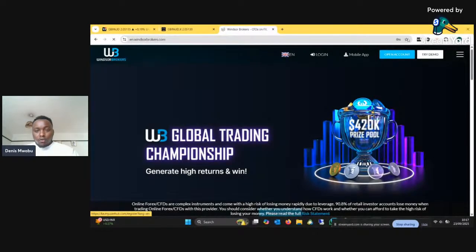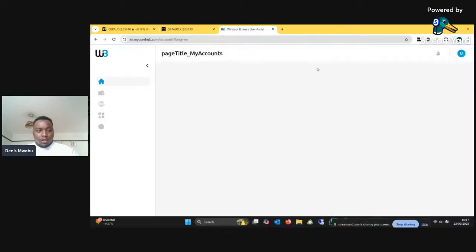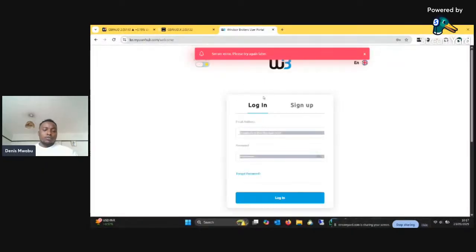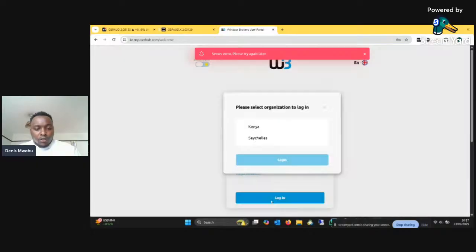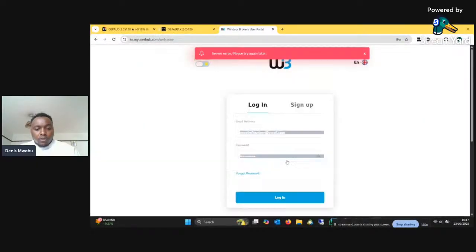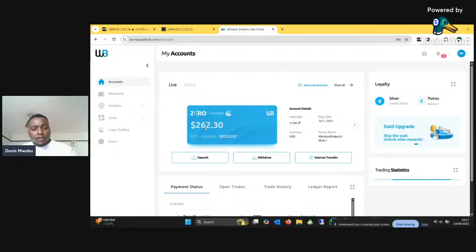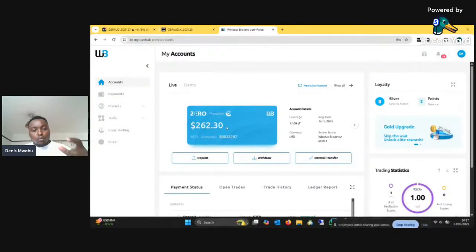The first tool is on your Winsor broker. This is the broker you're actually using to trade, before we jump into the analysis. Let me start by explaining what you're seeing here. This is a copy trading account, where people can copy my trades.